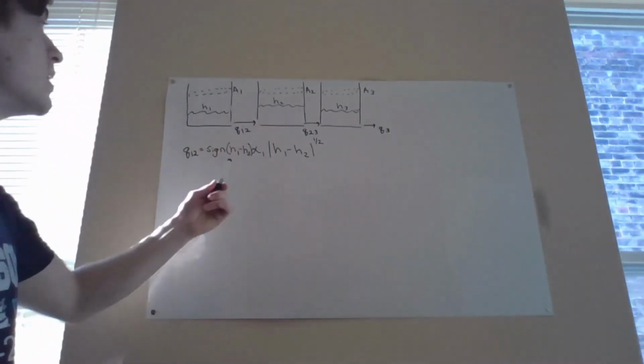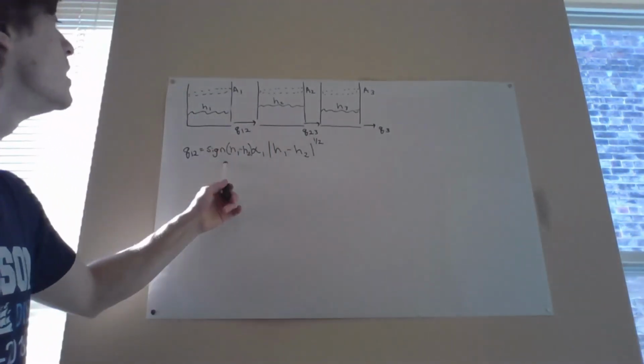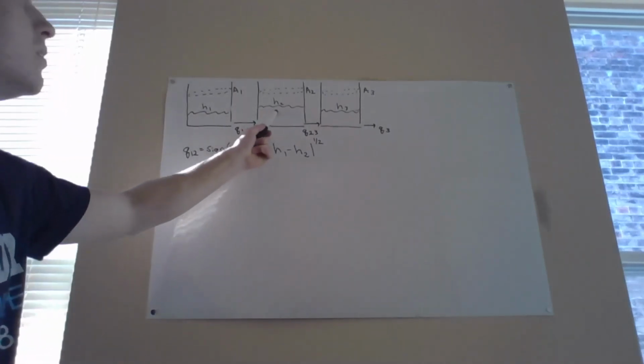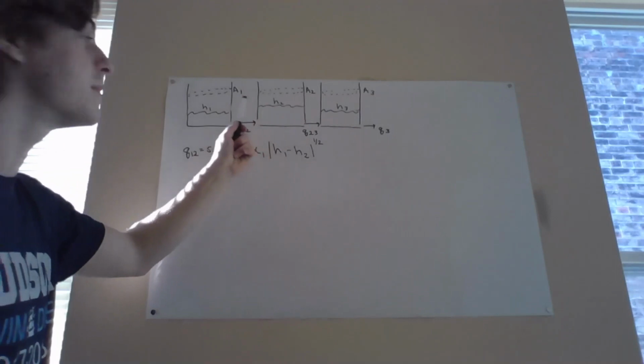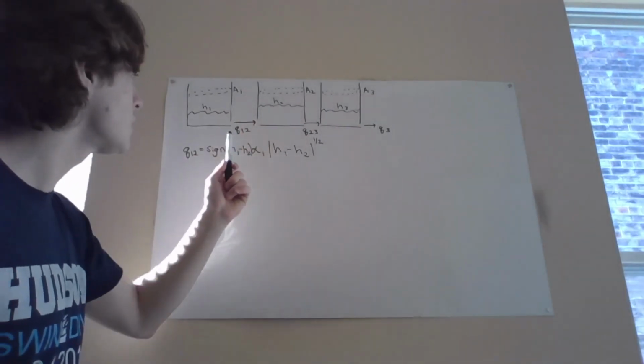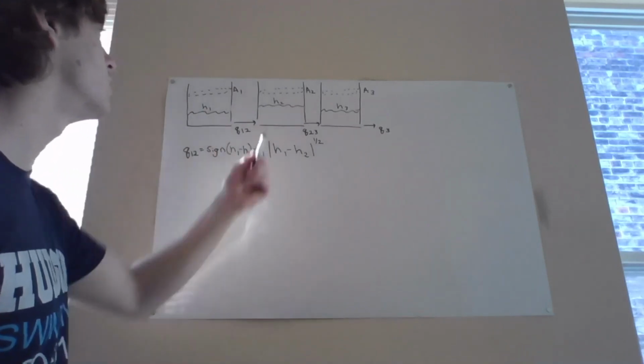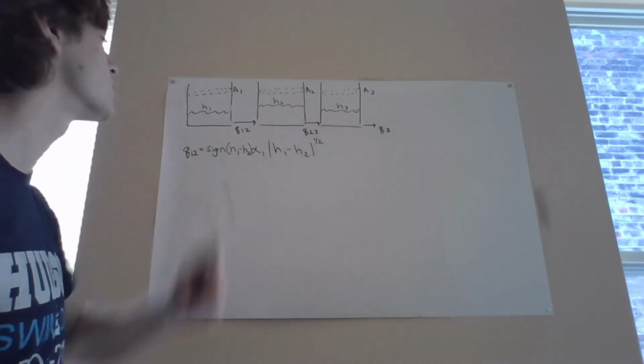So when the height of tank 1 is greater than 2, this will return a positive 1 and our flow rate will be positive. When the height of tank 2 is greater than tank 1, this will return a negative 1 and our flow will be negative because it will be in reverse.